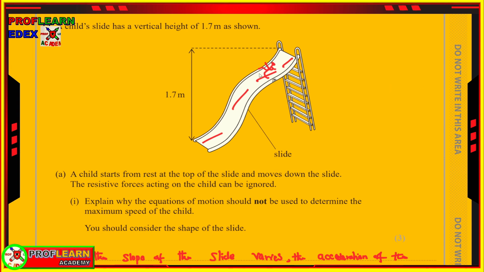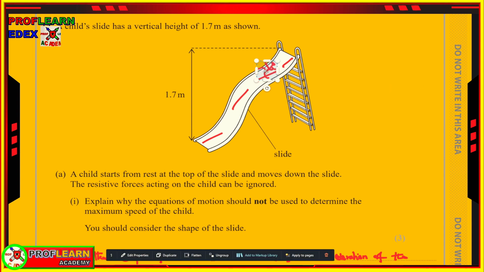The acceleration of the child is going to differ depending on the position the child is at. So the reason why the equations of motion cannot be used to determine the maximum speed of the child at the bottom is that, as the child is swinging, the slide has different steepness.